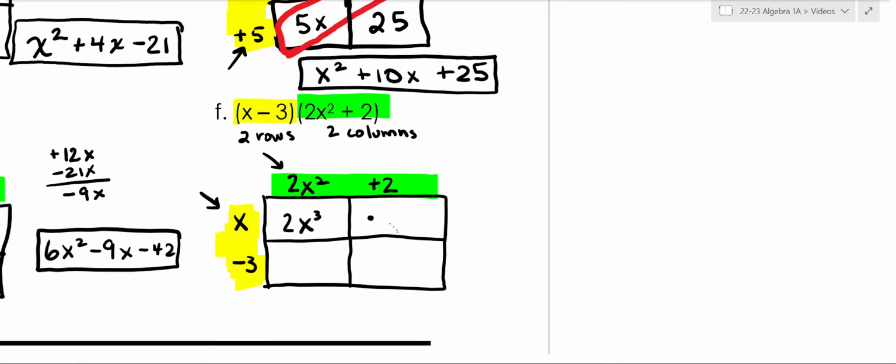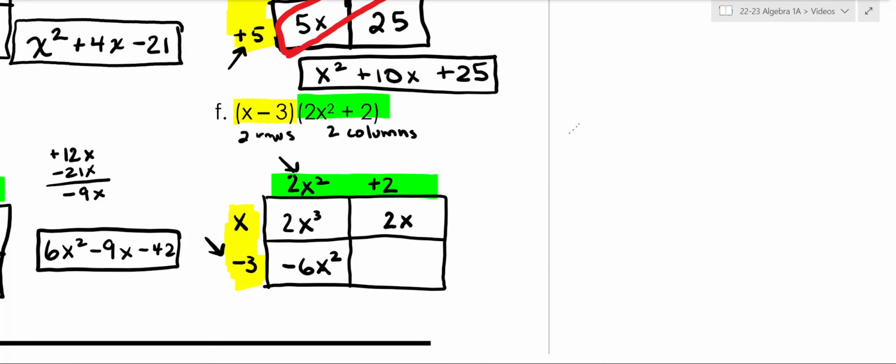Now for this one, we need to multiply the x times the 2. That's easy, 2x. For this one, we need the negative 3 times the 2x squared. That's just negative 6x squared.